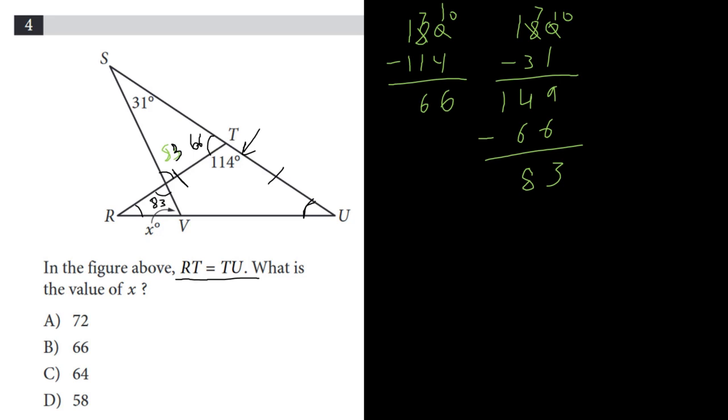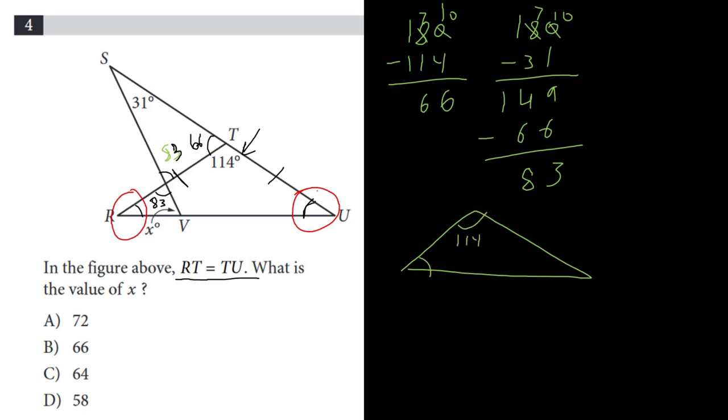And then from right here, I know that this one is going to be equal to this one. And I look at the big triangle. So if I was going to draw another big triangle over here to the right, this right here is 114.